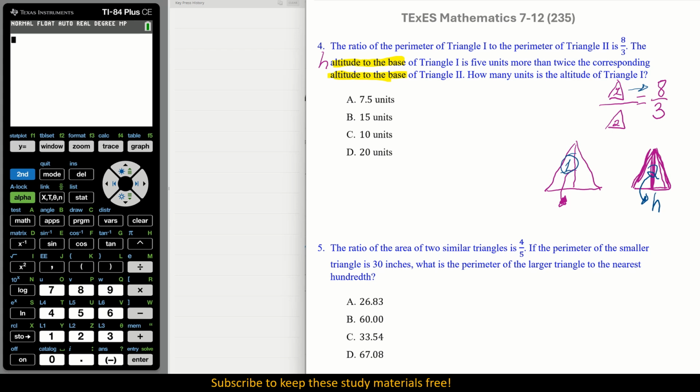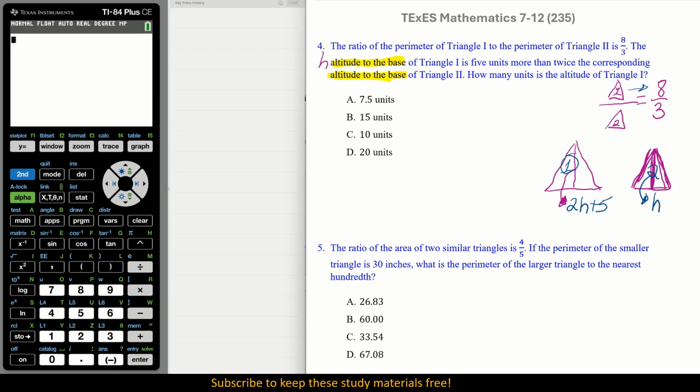If we say altitude to base is simply the height, what do we actually have? We have 2 times the height plus 5. Now that I get rid of those words that annoy us and we think it out, now we actually can solve the problem.